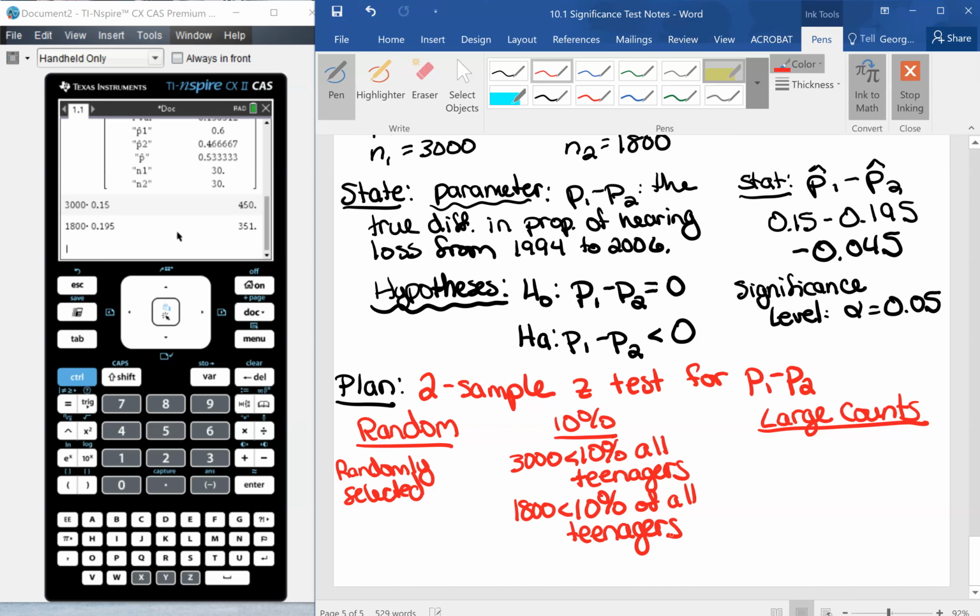All right, last step for large counts. For our P1, it's 3,000 times 0.15, and then 3,000 times 0.85. Remember, that's coming from 1 minus your p hat. And then for P2, it's 1,800 times 0.195, and then 1,800 times 0.805.